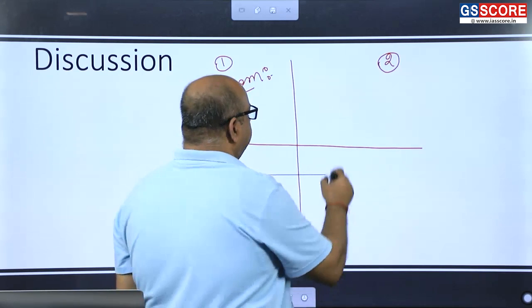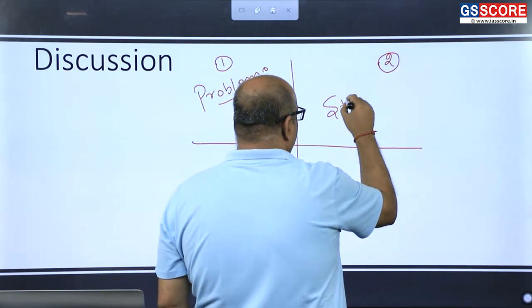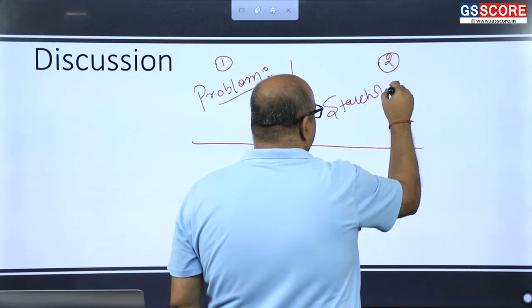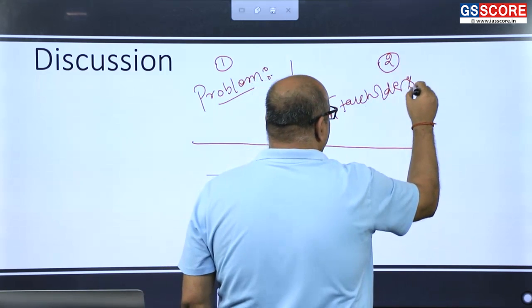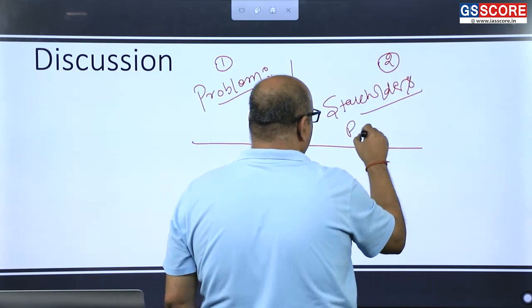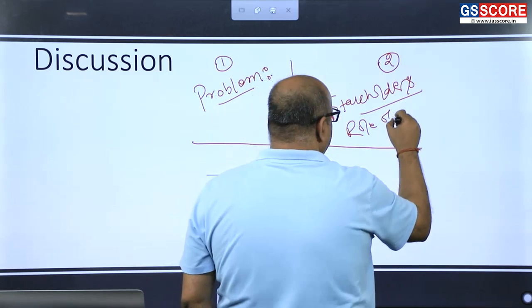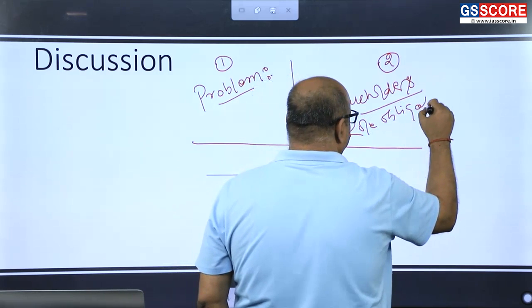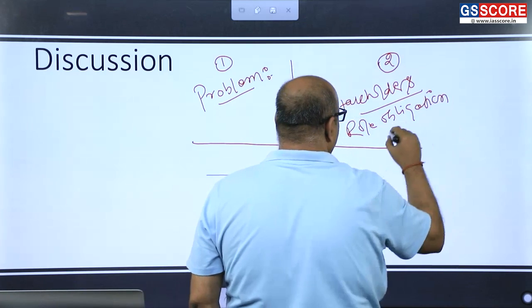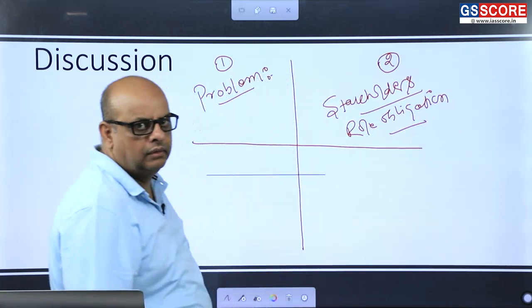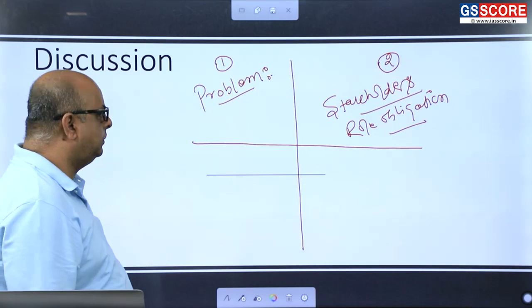Number 2, who are the stakeholders, or what is the role obligation? Stakeholder.